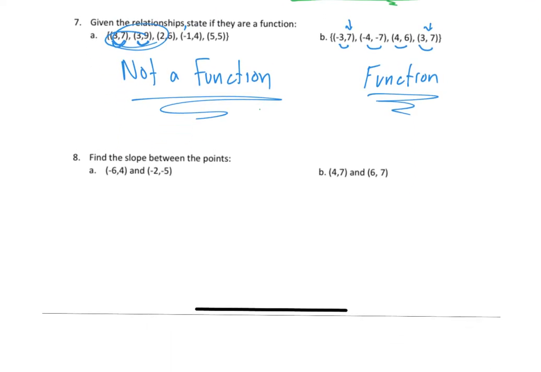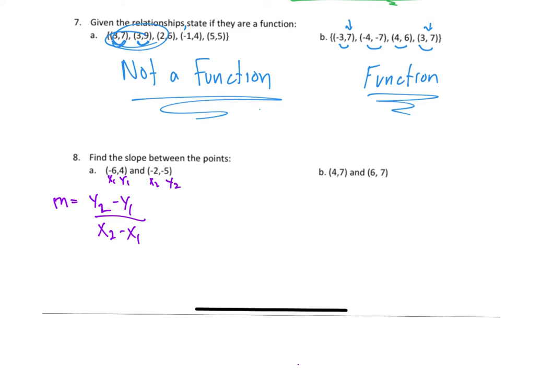Now, looking at the slope between 2 points, this is pretty simple. If we have 2 points and we need to find the slope, we're just going to use the formula, y2 minus y1 over x2 minus x1. And you can let any point be x1, y1, x2, y2.